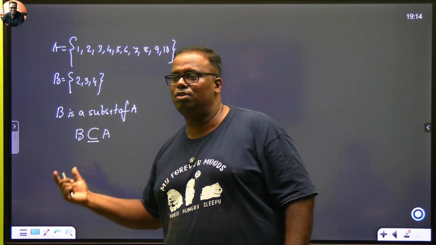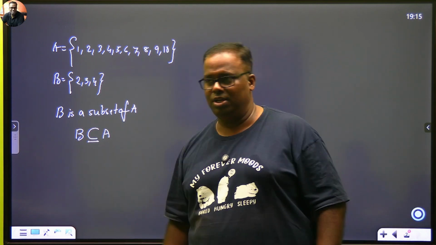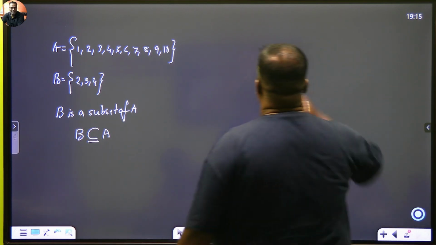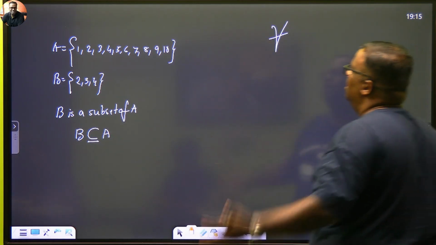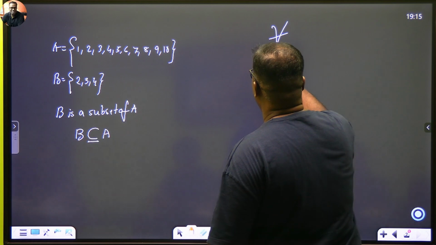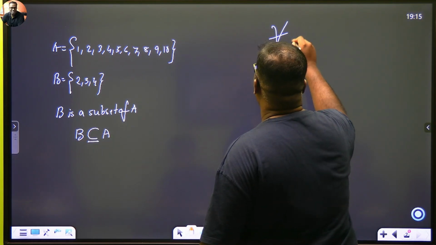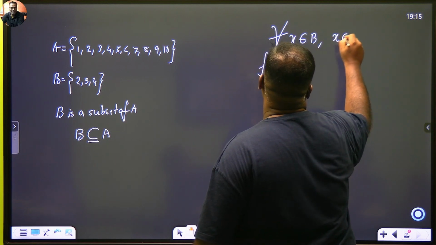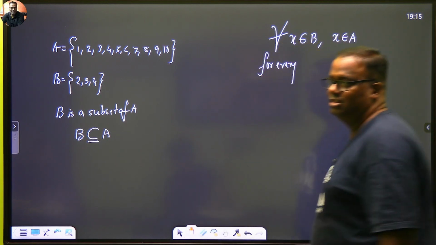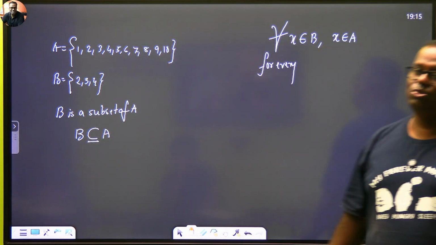B comprises of X, X that belongs to B must belong to A. There is a symbol for this, not used in Cambridge, but in CBSE and higher you'll use it. This means for every X that belongs to B, X should also belong to A. This is how we write.